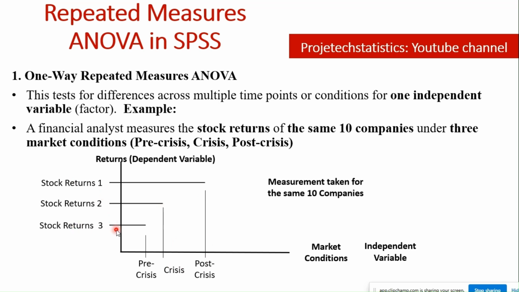The dependent variable is your returns, while the independent variable is your market condition. Measurement is taken for the same 10 companies, so we have just one group of 10 companies.